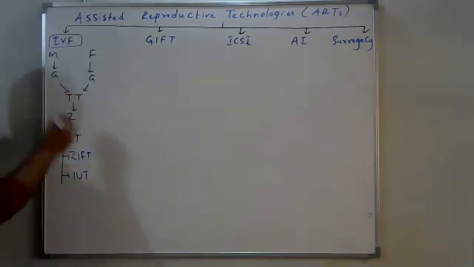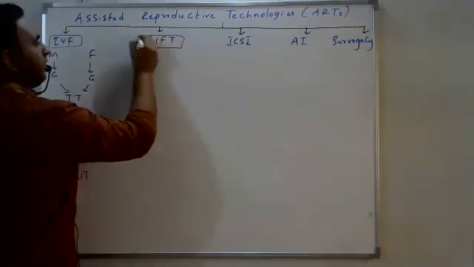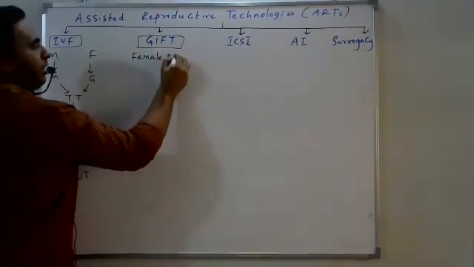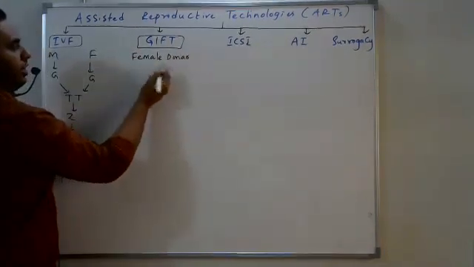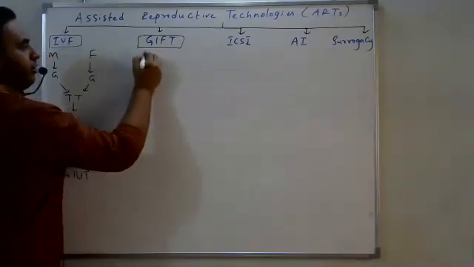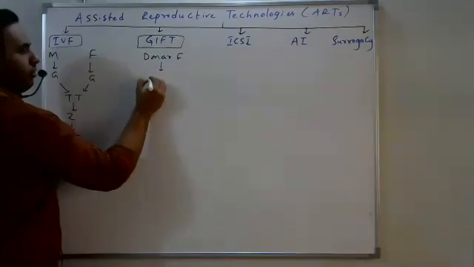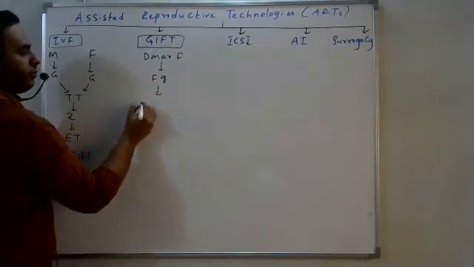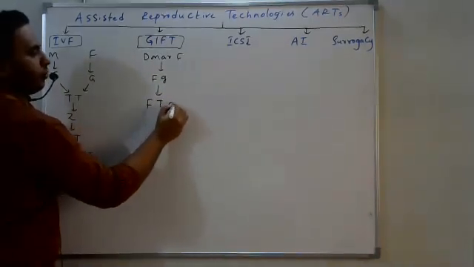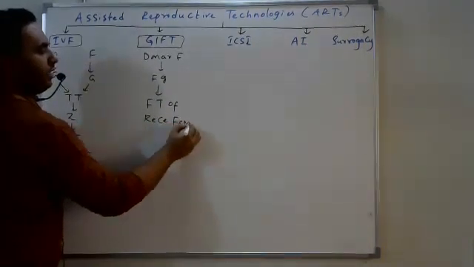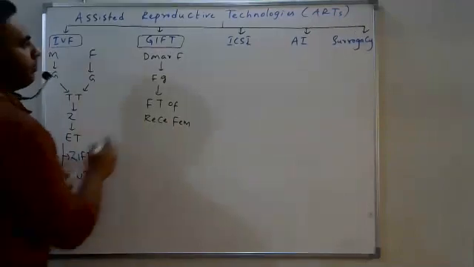Very simple, no? Next, GIFT: from the female donor. I will write shortcuts. From the donor female, gametes, fallopian tube of recipient female, GIFT over.